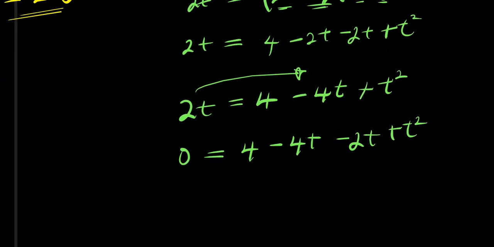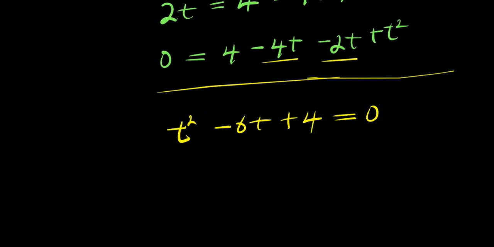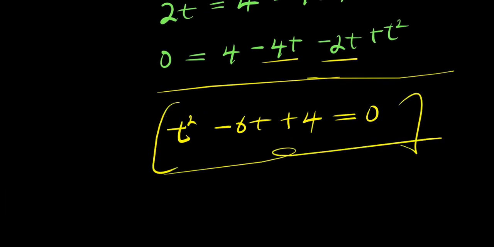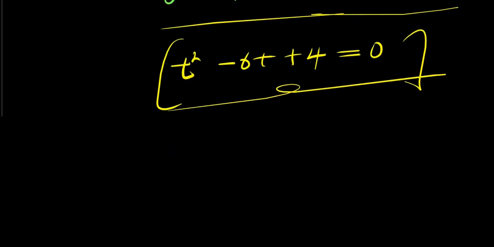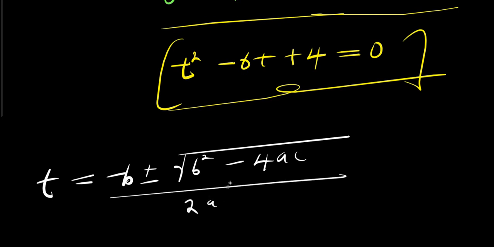So from here, let me rearrange this equation. I have t squared minus 4t minus 2t, this is minus 6t plus 4 equals 0. So this is a quadratic equation that we are going to solve using the formula method. So t equals negative b plus or minus square root of b squared minus 4ac, divided by 2a.